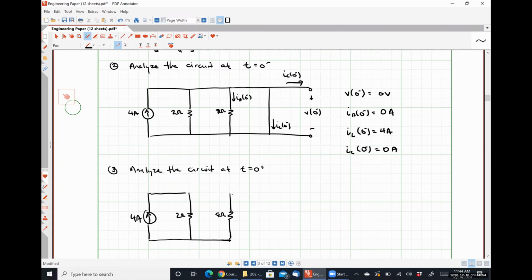So let's see. Our inductor, at the specific instant in time t equals 0 plus, is going to behave like a current source having the same direction as IL at t equals 0 minus and the same magnitude. So we have a 4 amp current source like so.